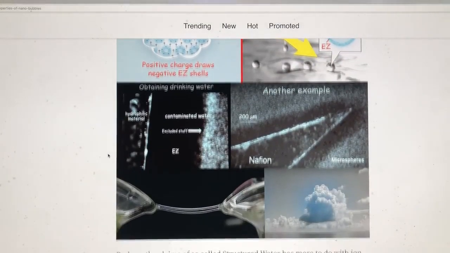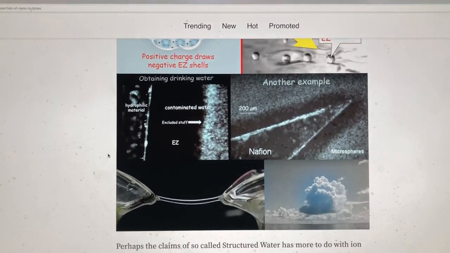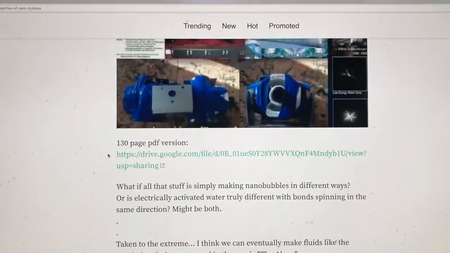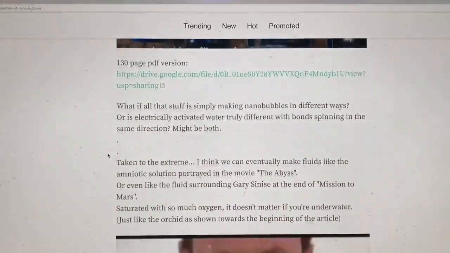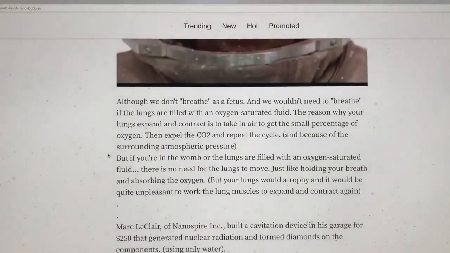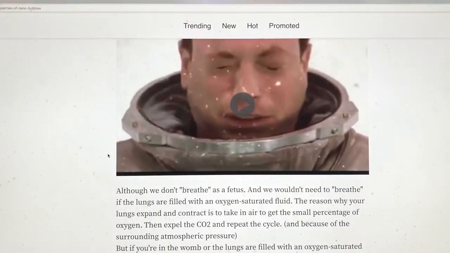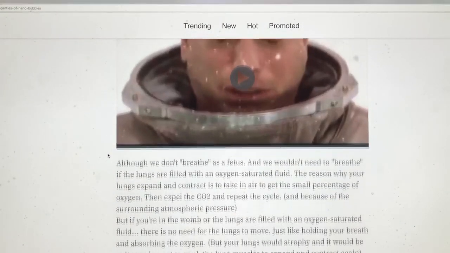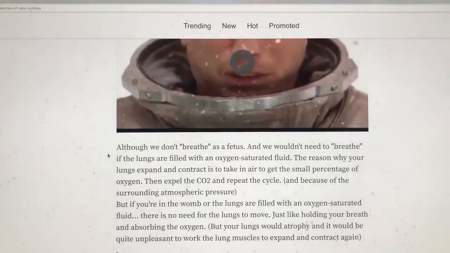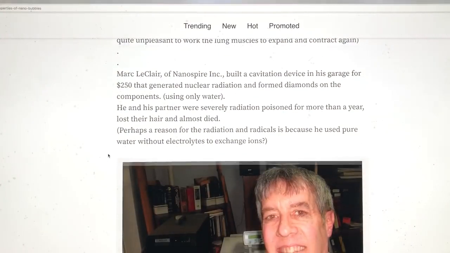And Gerald Pollack's work and how it relates to the negative charge of the nanobubbles. Victor Schauberger's work, this repulsine engine, the analogy of the movie The Abyss with the amniotic fluid that was oxygen saturated and allowed the man to breathe underwater, so to speak.